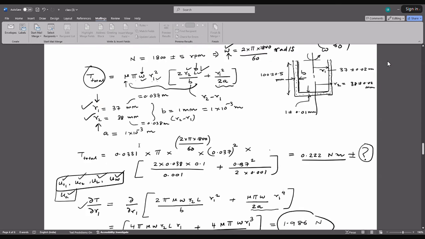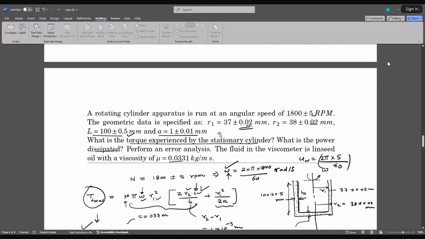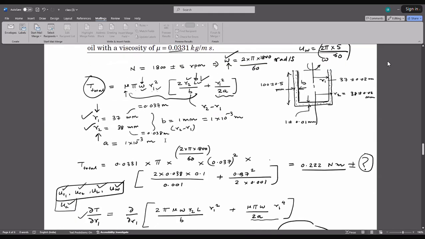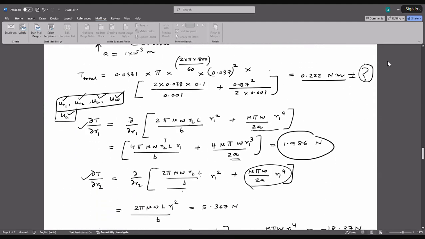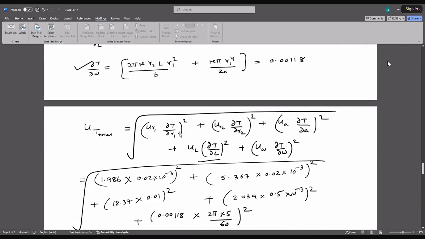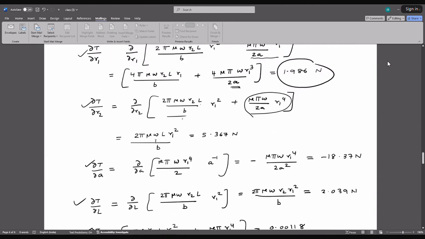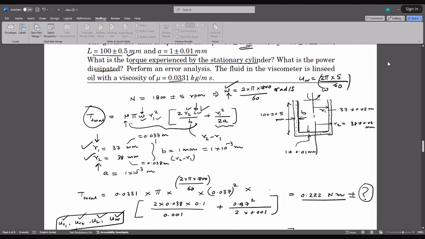So if you are already taking the uncertainty in R1 and R2, and you have the B here again, I don't think that you have to again calculate for B, because B is a function of R1 and R2.